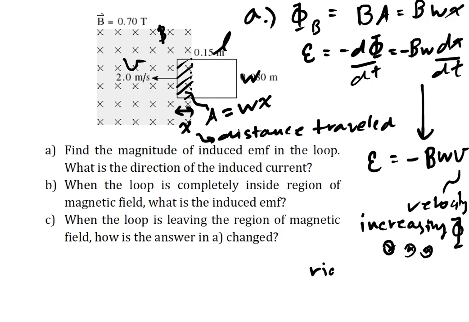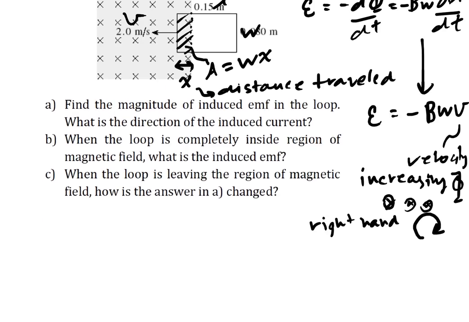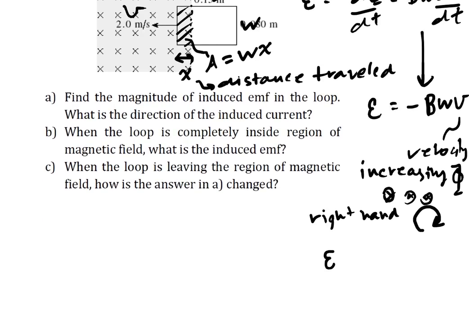So if you use the right hand rule, if you use the right hand and you put your thumb into your paper, you find that your right hand will make a clockwise circle. But for the EMF, it will be opposite to the right hand.